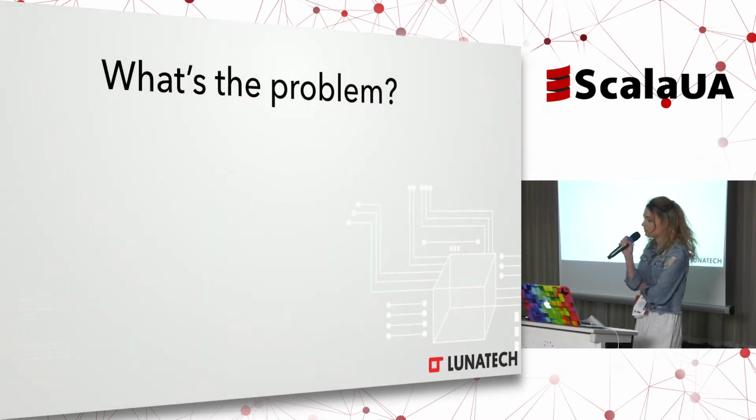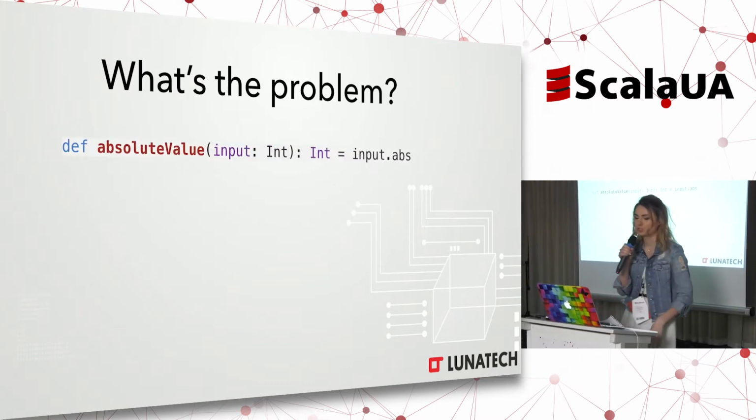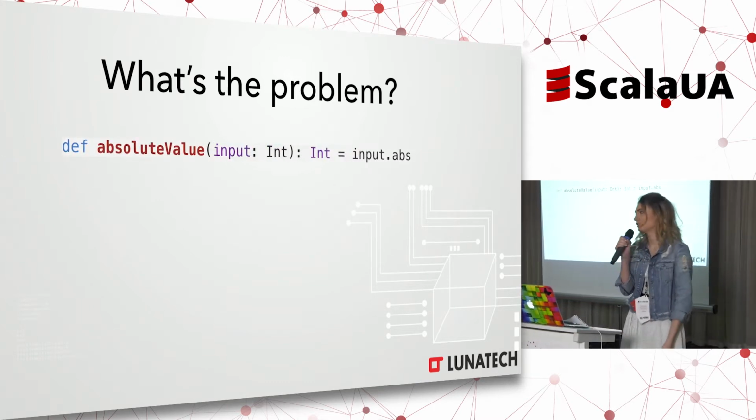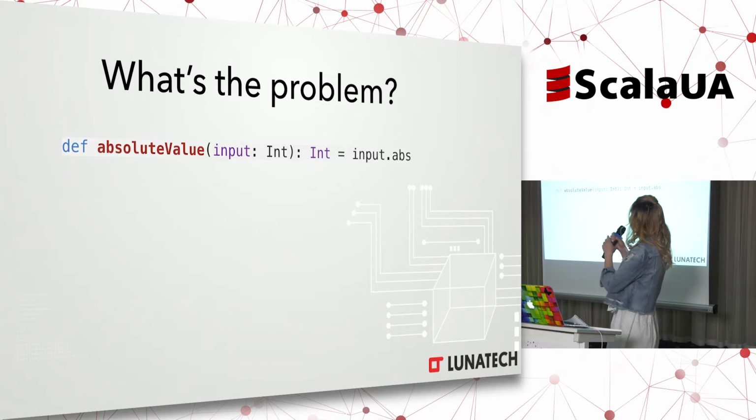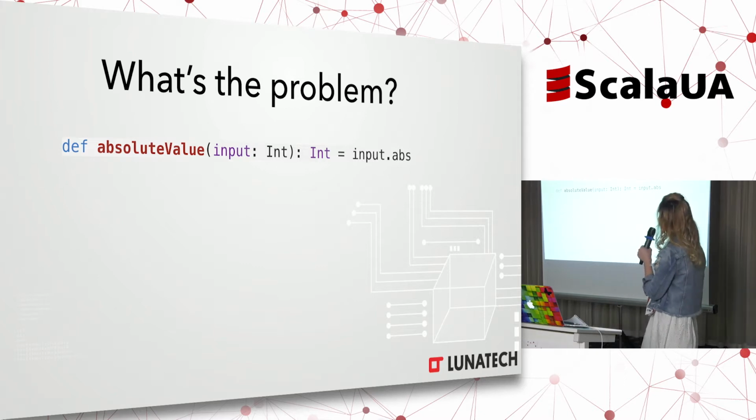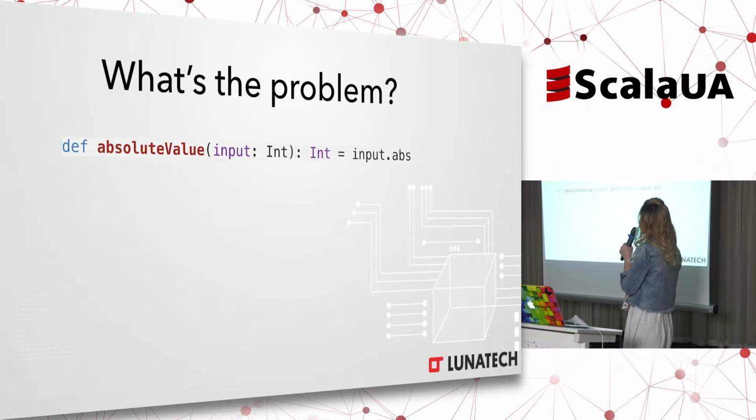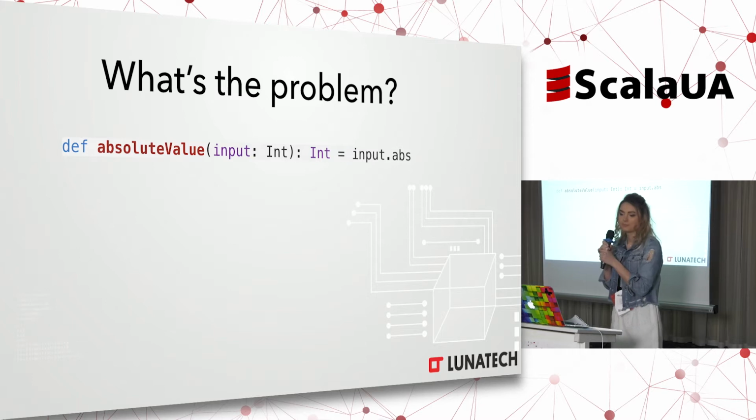So what is the problem? Usually we write some code, some functions, simple methods, and for example, this one takes an integer as an input argument and just calculates the absolute value.